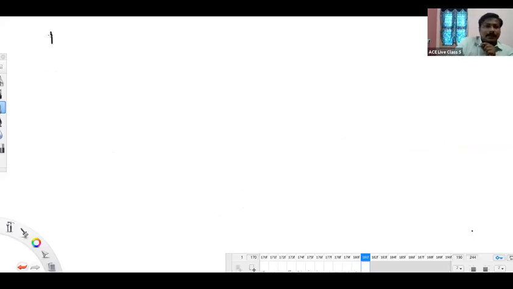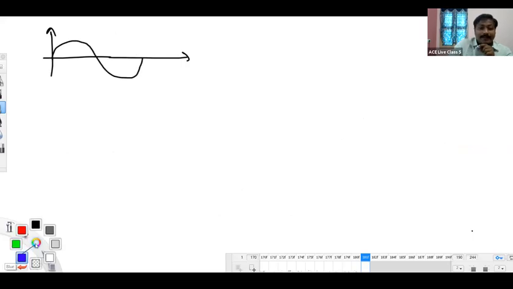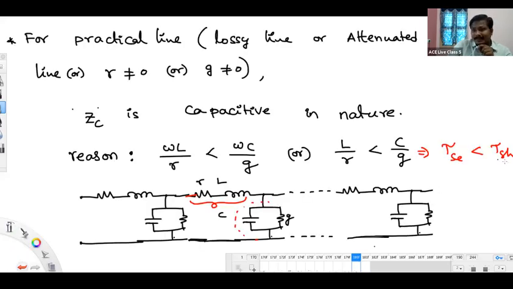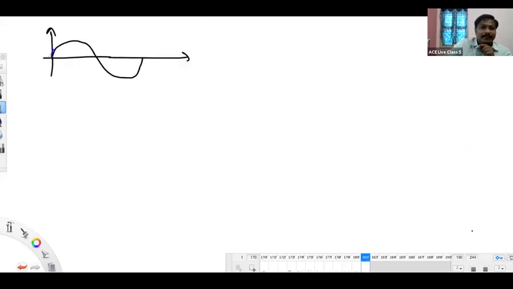Say for example, if this is a sinusoidal wave which is propagating on the transmission line, something like this, because of this inequality in the time constants, we do experience some change in the wave shape. This is going to be called distortion.